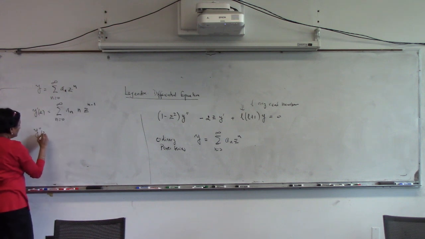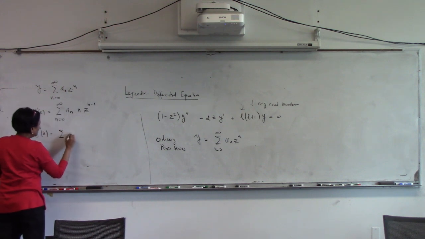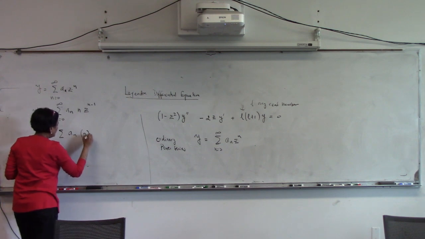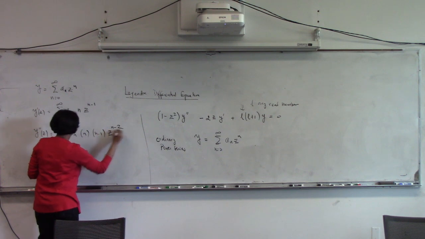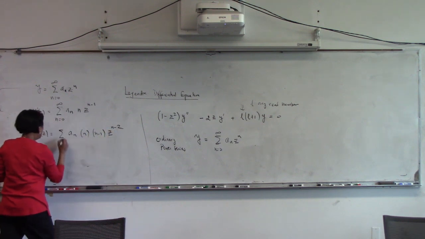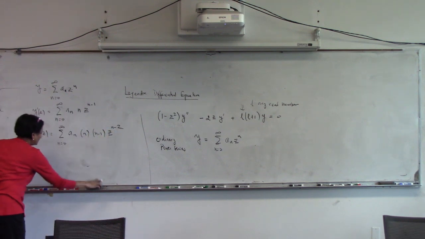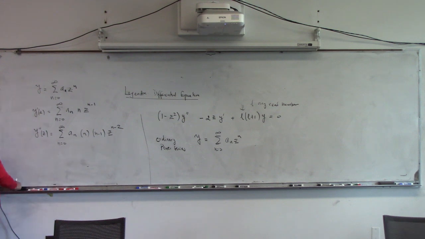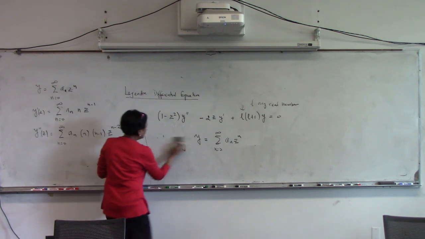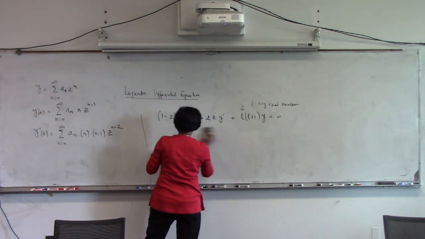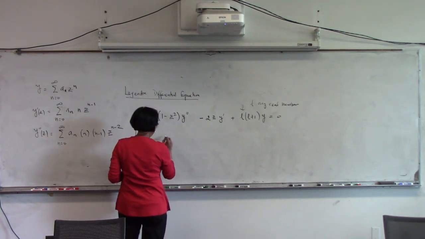Y double prime of z is a sub n, n, n minus 1. All right. So let's start substituting all these things into our differential equation.